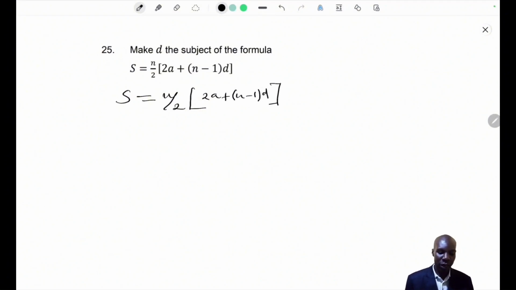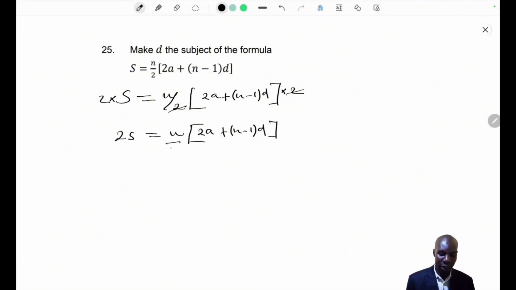So the first thing that we can do here is to cross multiply both sides by 2, so that these 2 cancel with this. So we have done away with the denominator. We'll have 2s is equal to n in bracket 2a plus n minus 1 d, like that.